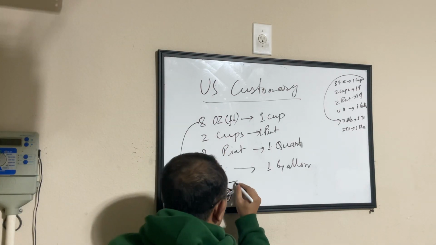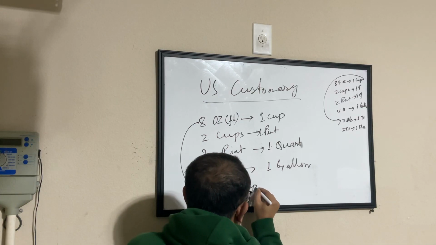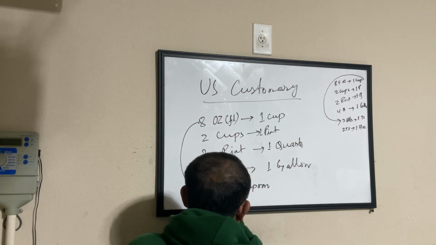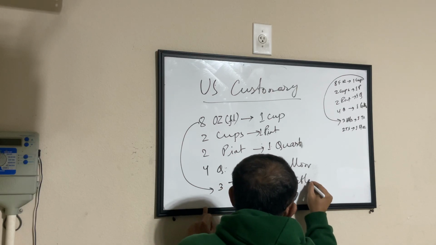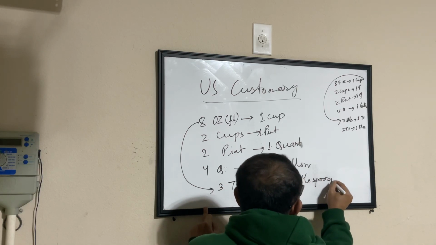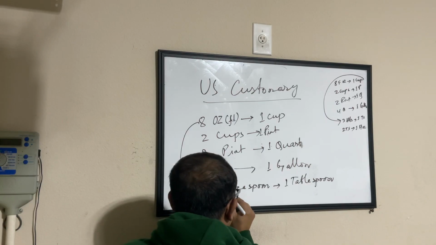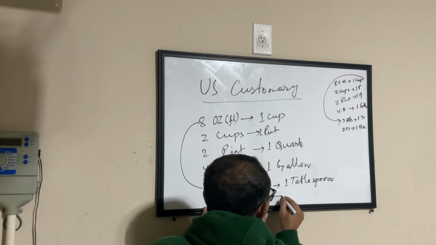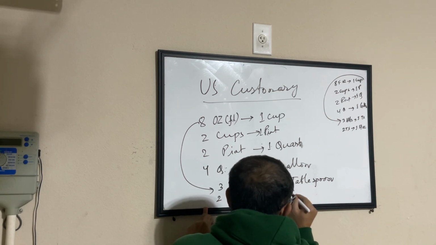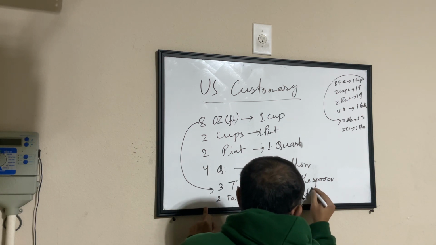Now if you want to further break it down, start with teaspoon. 3 teaspoons make a tablespoon, and 2 tablespoons make 1 fluid ounce.